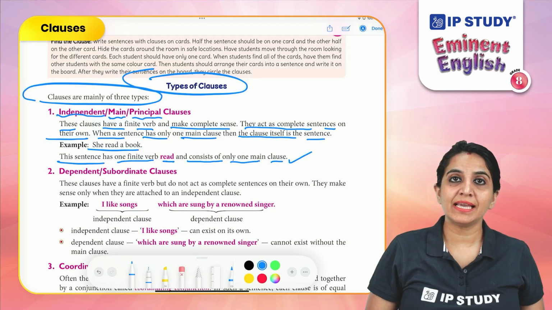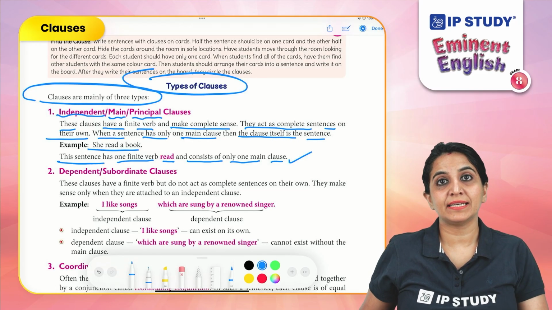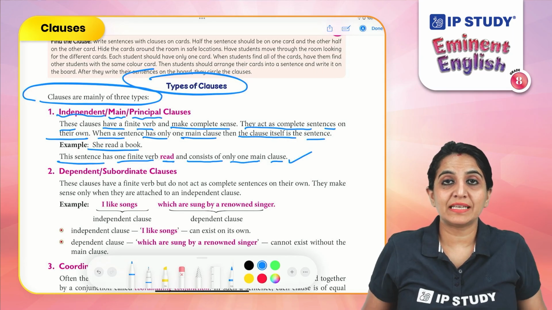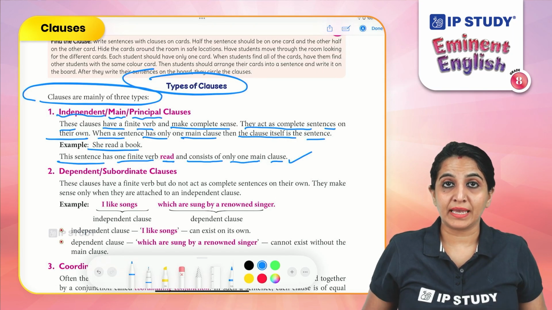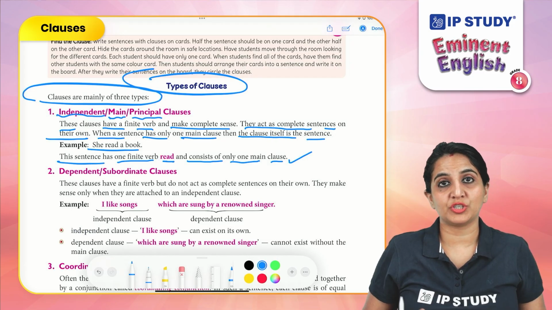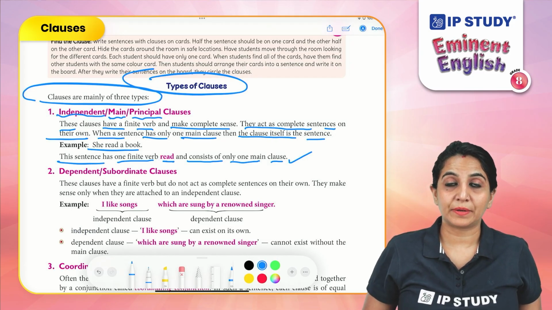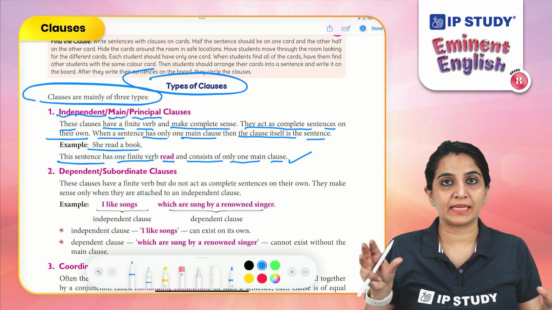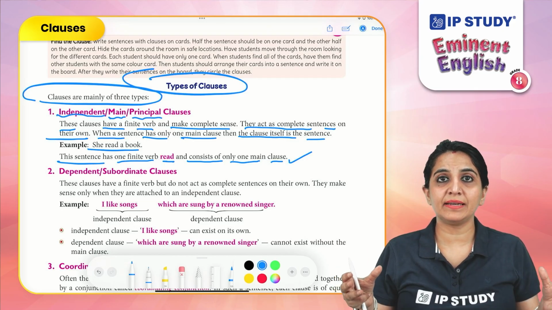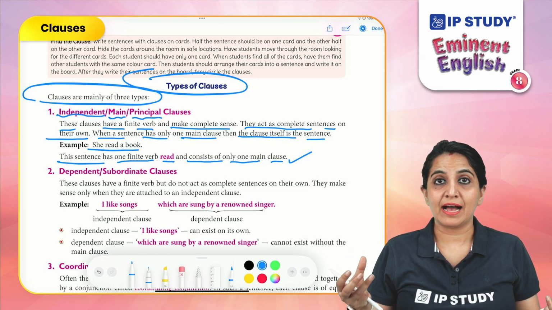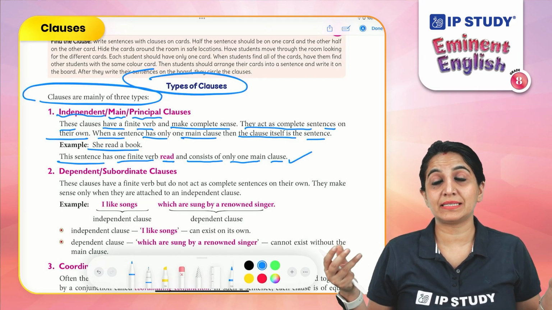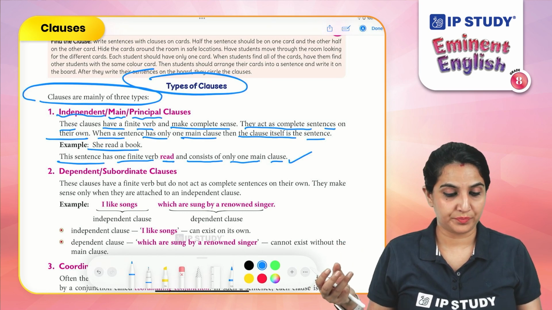Like, she has a book, she reads it daily. So both of these clauses make sense on their own. She has a book which she reads daily. That means she has a book, she reads it daily. Independently, these clauses have meanings and make complete sense on their own.